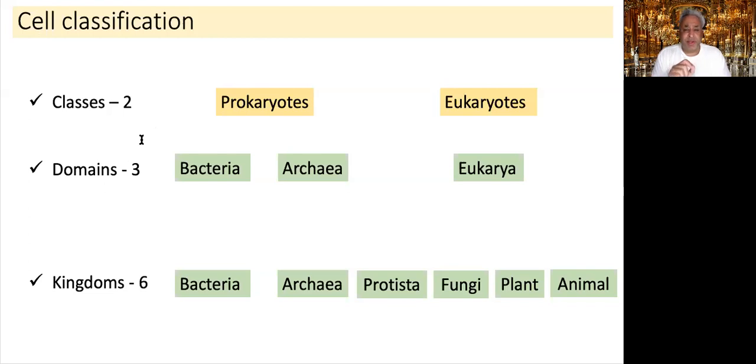If there is a nucleus, then it belongs to the eukaryotic branch of the tree of life, right? And we call these classes. So it belongs to the eukaryotic class. If the cell is missing a nucleus, then it's a prokaryote. So you just have 2 choices in this case, no more than that.